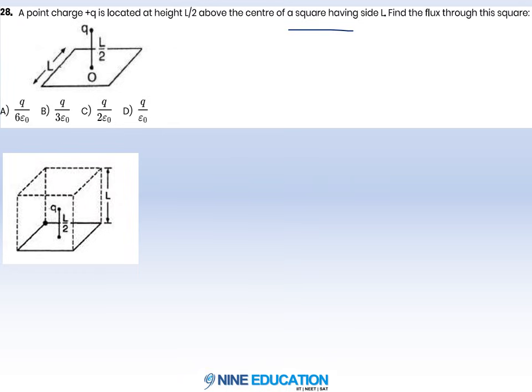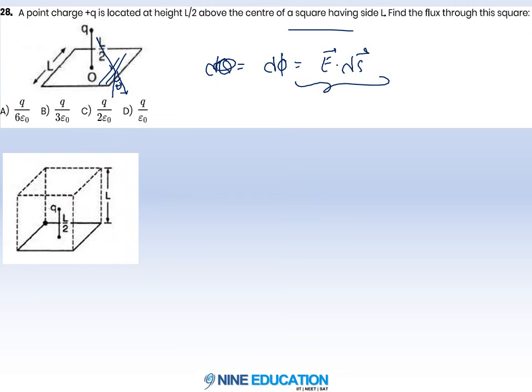So we have two methods to find the flux. First, you can take this small strip. You can find the electric field here, which is making some angle theta with it. Take d phi equals E dot ds, but this will be a lengthy method.